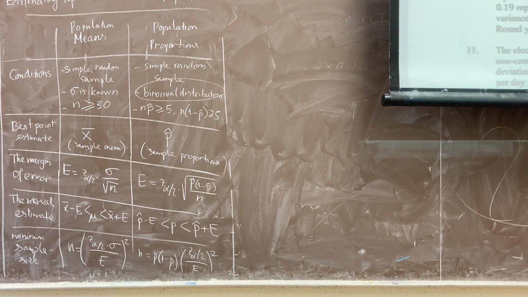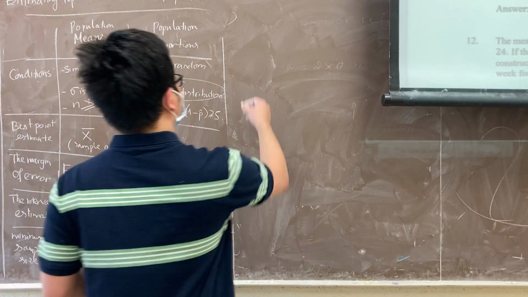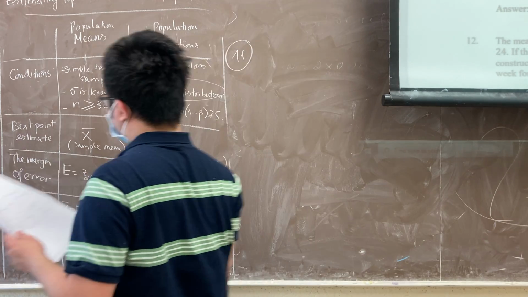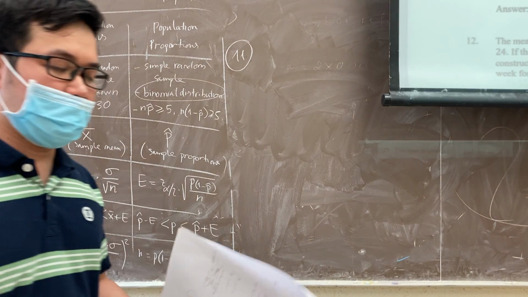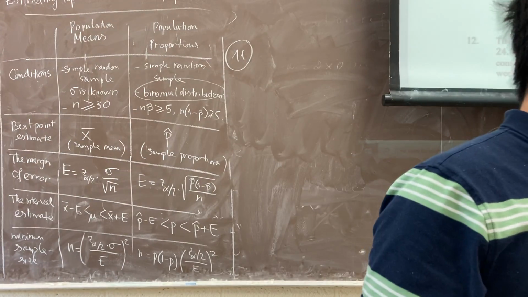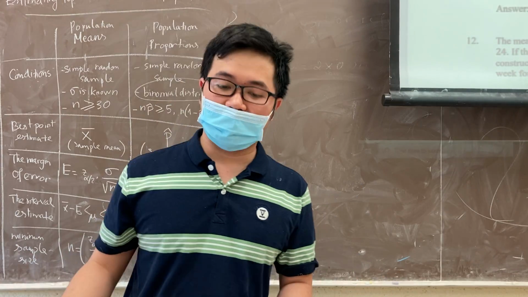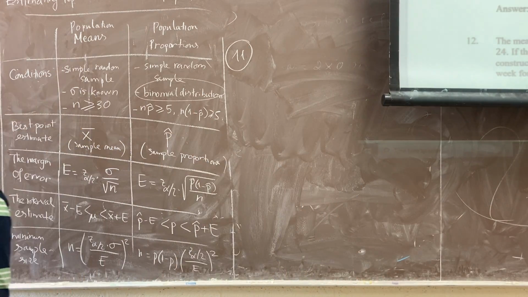Okay, look at question 11. In this case, what kind of population parameter are they asking you to estimate? The population mean or the population proportion? Okay, Maria, mean. Exactly, thank you.